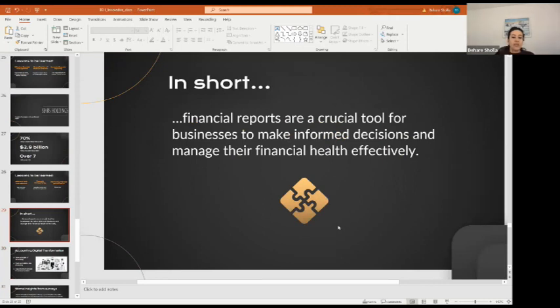So based on what we said, we can give a conclusion that financial reports are a crucial tool for businesses to make informed decisions and to manage their financial health effectively.